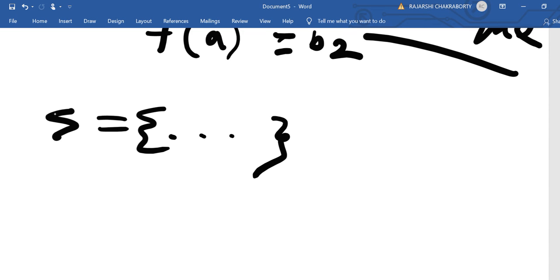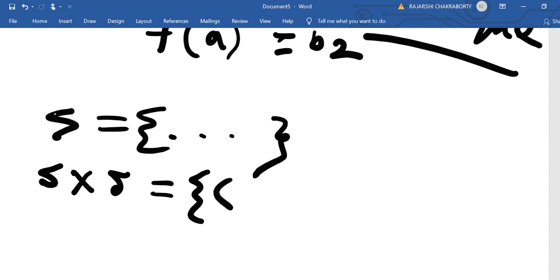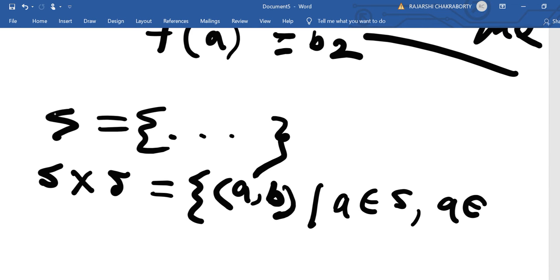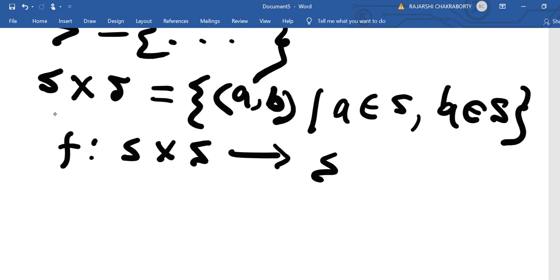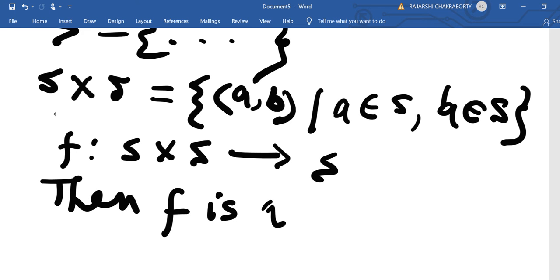Say it has some elements in it, and S cross S is defined as pairs of elements a and b such that a belongs to S and b also belongs to S. Now if we have a function which maps S cross S to S, then f is a binary operation.